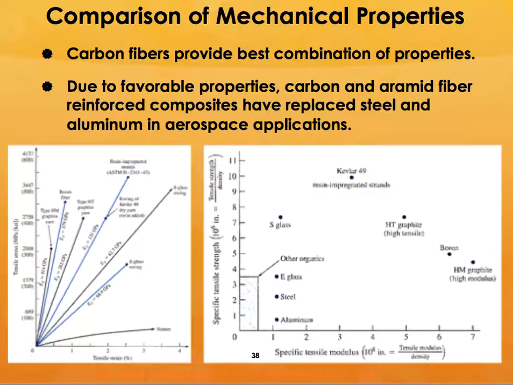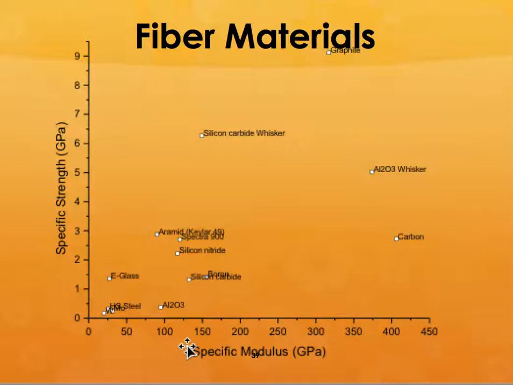You can see that you have carbon fibers which have the best strength and modulus. This is another figure that shows the comparison of specific strength versus specific modulus.